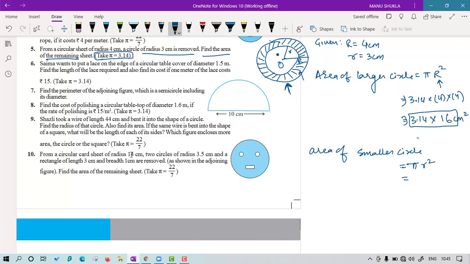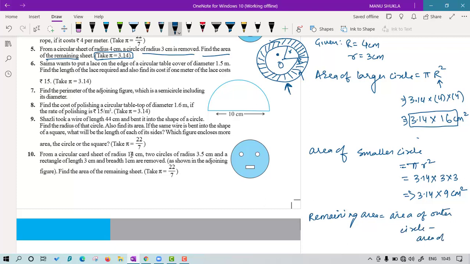Similarly, 3.14 into small r square, that is small r is 3. So 3 into 3, or you can say 3.14 into 9 centimeter square. Now obviously the remaining area is given by the area of the outer circle minus the area of the inner circle.